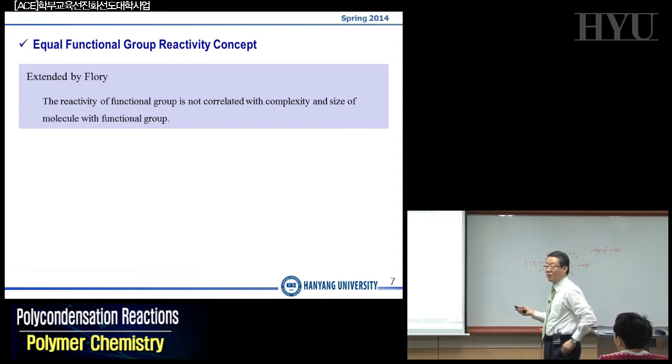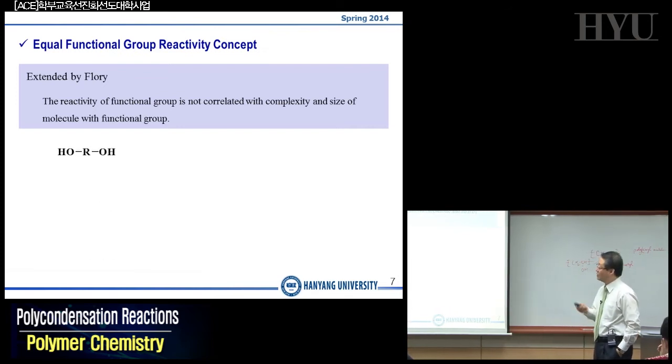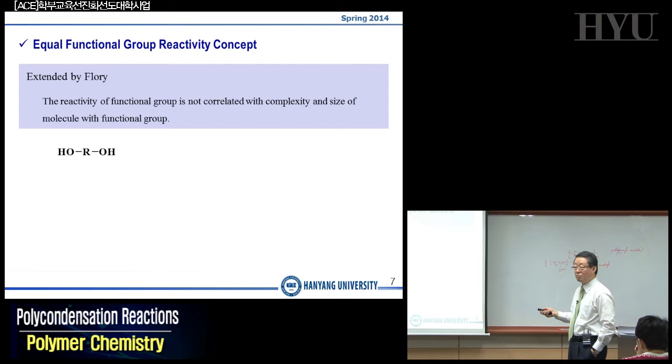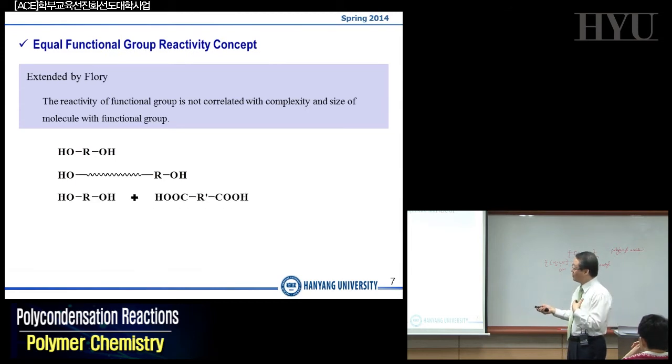Well, this statement might be a little difficult for you, but I will show you what it is. Okay, we have alcohol. You should have a diol. In other words, you should have 2 alcohol groups in one monomer. If you have a long chain instead of a small chain here, but at the end of the chain you have 2 functional groups, the size of the alcohol does not bother the reactivity of your functional group, or the complexity.